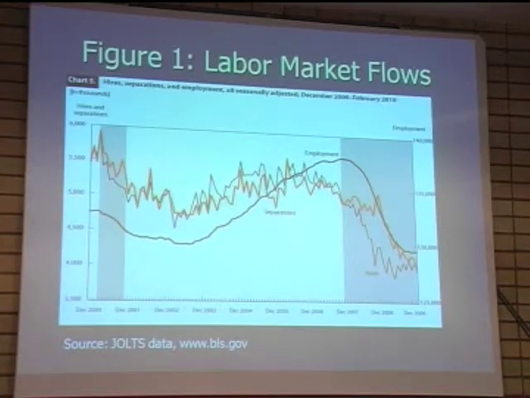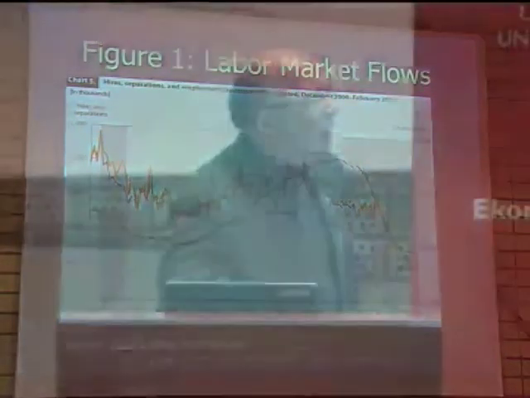So we see from the picture, 5.5 million, say, at the peak periods in this 10-year period. But even now, or at the end, a year ago, and it hasn't changed much, there were 4 million people a month hired.